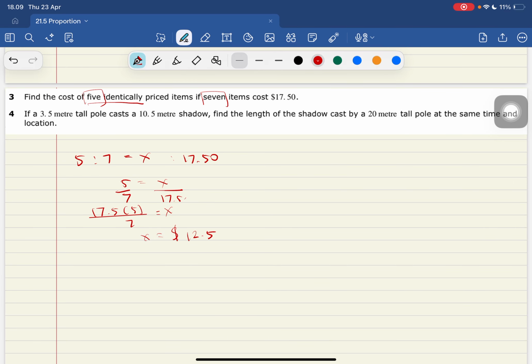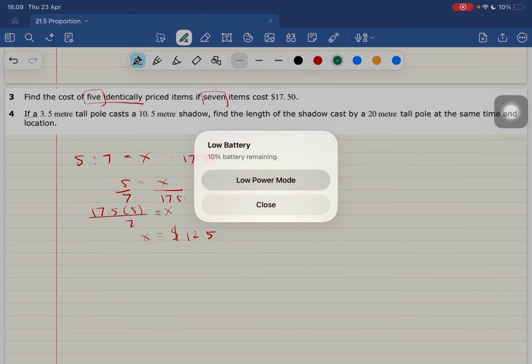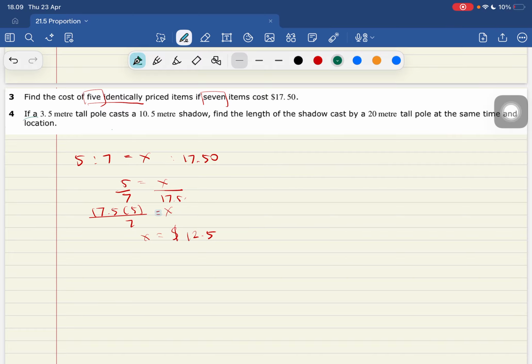So here is the value of x after we multiplied and divided. It's going to be $12.5. Number 4: if a 3.5 meter tall pole has a shadow, find the length of the shadow.